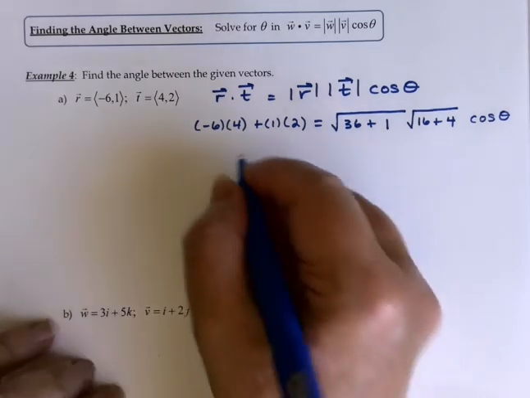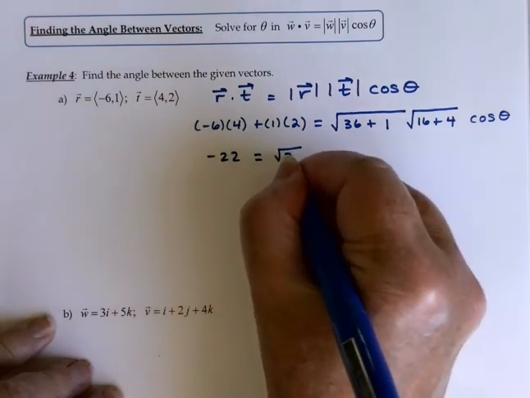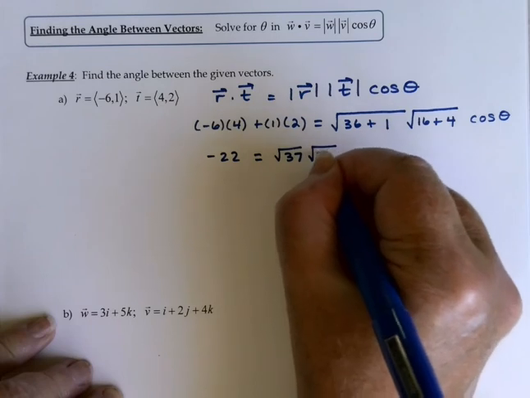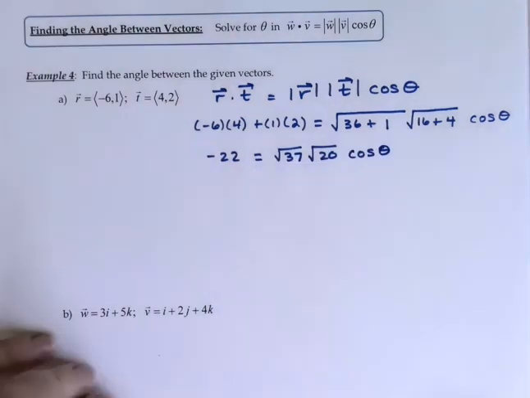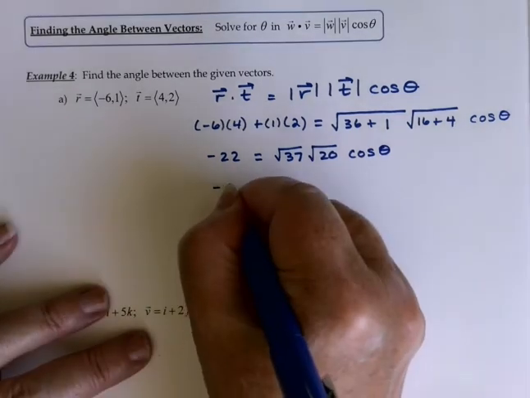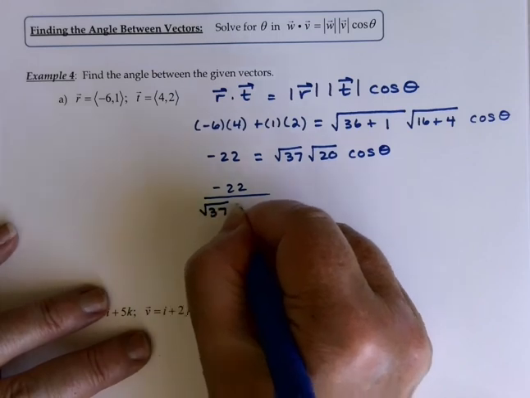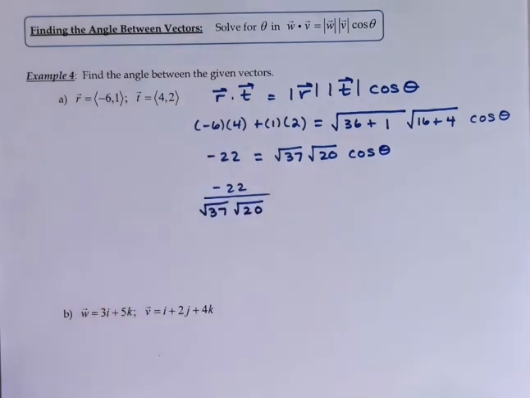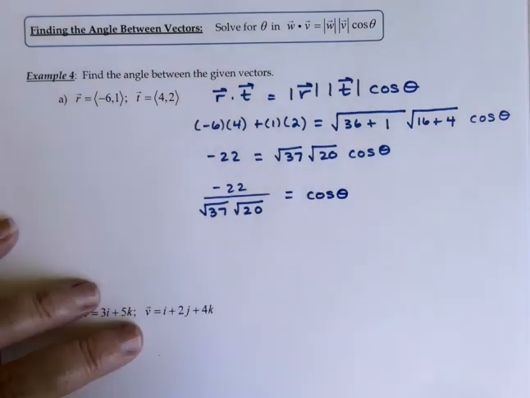Negative 24 plus 2 would be negative 22 equals the square root of 37 times the square root of 20 cos theta. So negative 22 divided by the square root of 37 times the square root of 20 is cos theta.